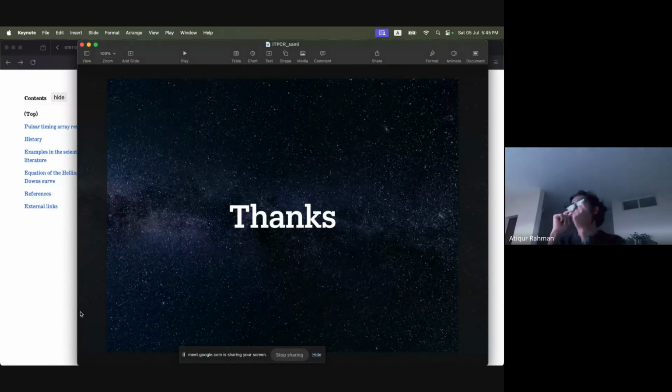So let's say this is a pulsar, but near this pulsar there's a black hole. So this pulsar is orbiting a black hole, and whenever the signal passes the black hole, due to the black hole's immense gravity, it comes even later, right? So you need to correct for that first.